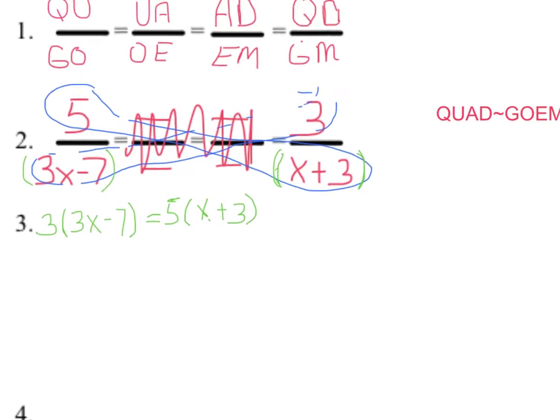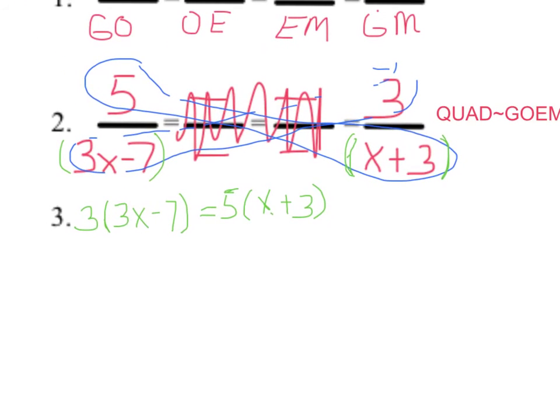And now none of us, I know, will forget to distribute our 3 there and our 5 here, so we end up with 9x minus 21 equals 5x plus 15.